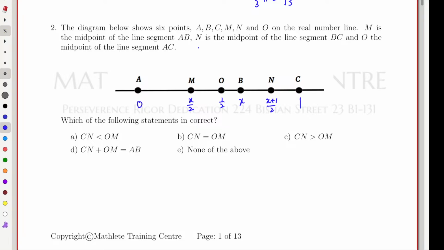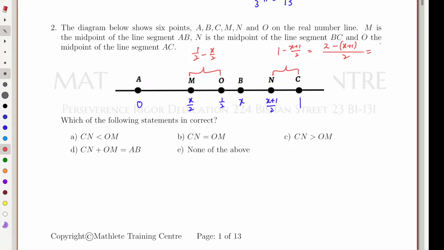So the question wants to compare CN and OM. Let's try to do that. What is OM? OM's value is going to be half minus X over 2. What about CN? CN's value will be equal to 1 minus (X plus 1) over 2. But if you calculate that out, that's 2 over 2 minus (X plus 1) over 2.